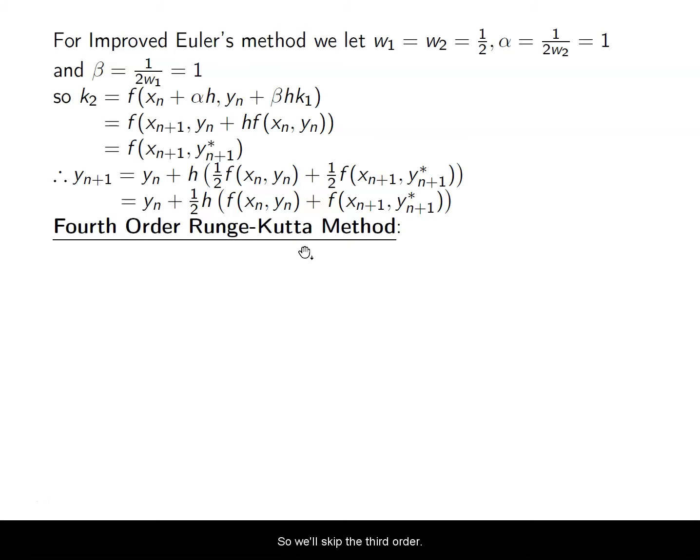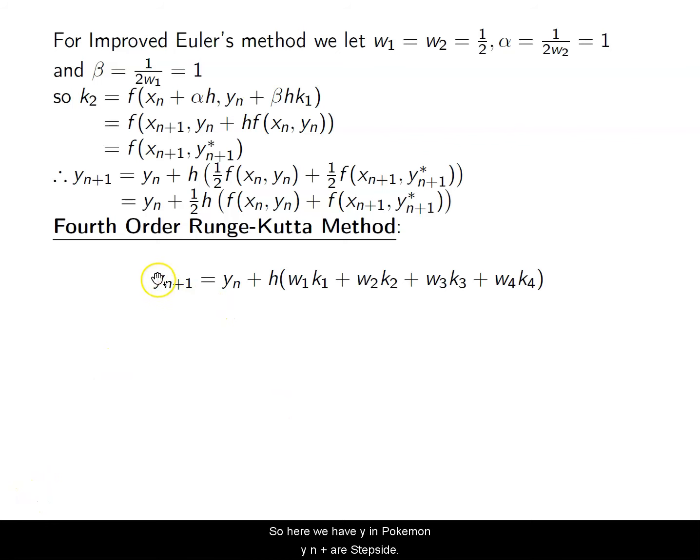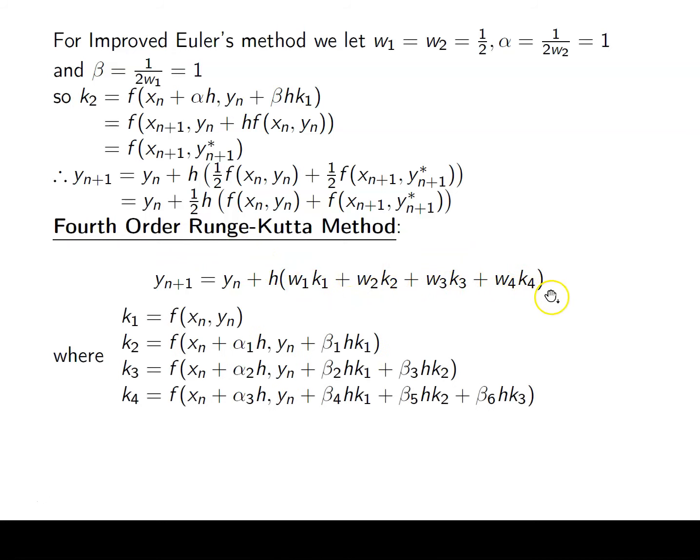So we'll skip the third order Runge-Kutta method, and we'll go straight to the fourth order method. Okay, so here we have y_{n+1}, y_n plus our step size, k1, k2, k3, k4, right, with 4 weights, fourth order Runge-Kutta method, right?